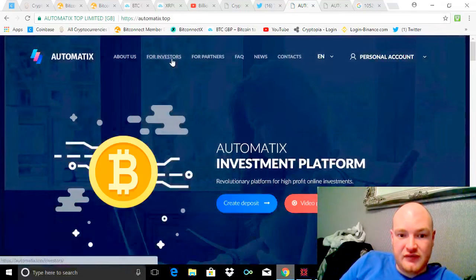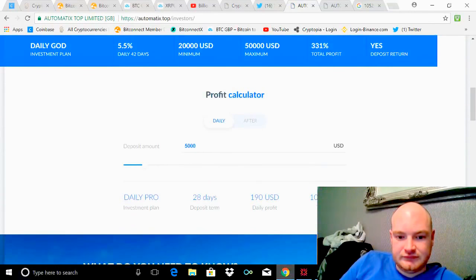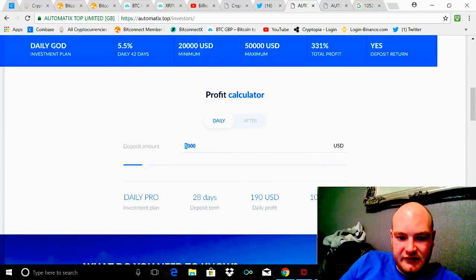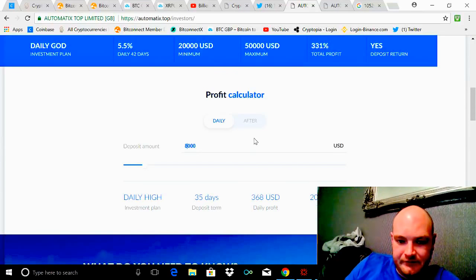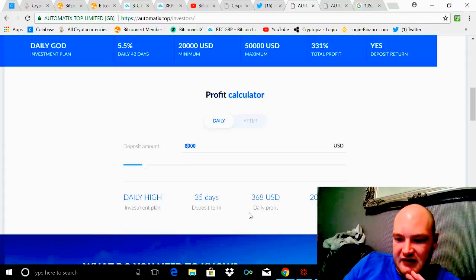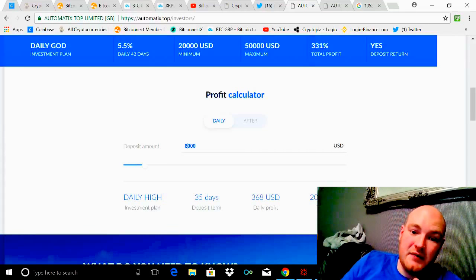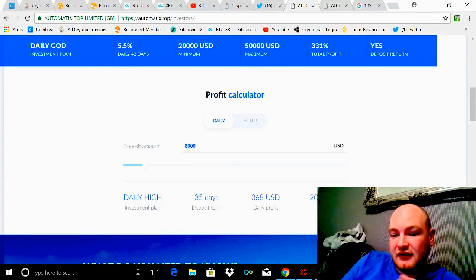And the value for investors, 8,000. And I'll be doing a daily plan on this because I'm going to be reinvesting the interest. So that at the end of that 5 weeks, that will give me a total value, if Bitcoin stays the same price as when I do the loan, of 20,880 USD.